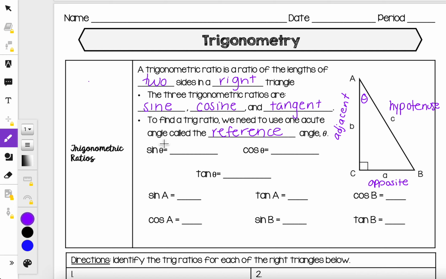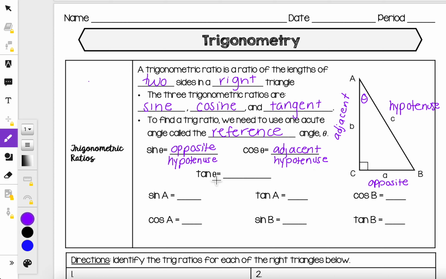So your sine ratio, we use S-I-N for short, is going to be the ratio of your opposite side over the hypotenuse. The cosine, which we abbreviate C-O-S, is going to be your adjacent side over your hypotenuse.